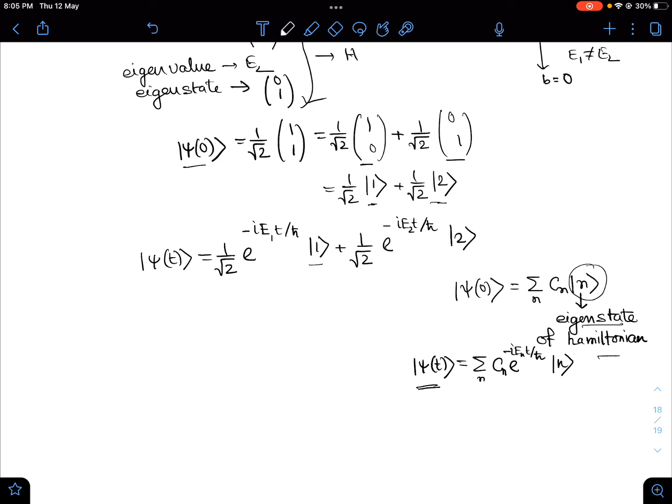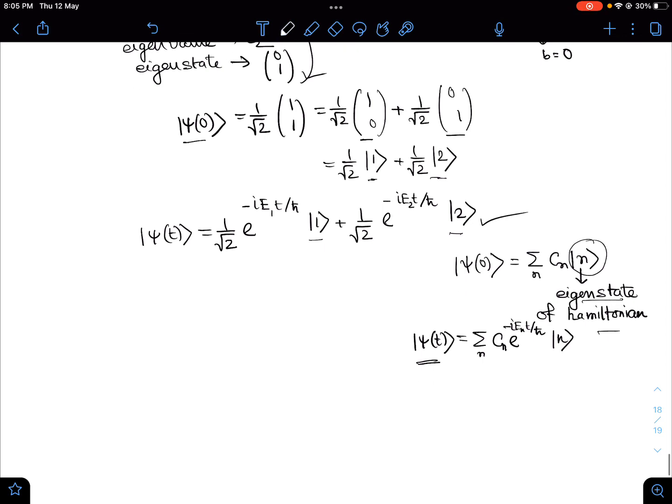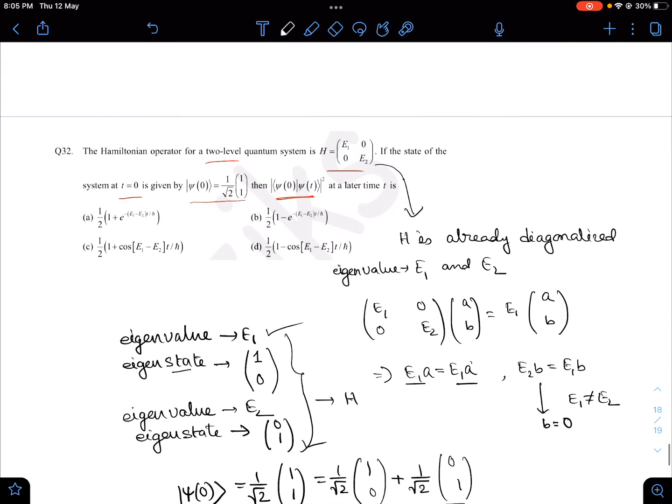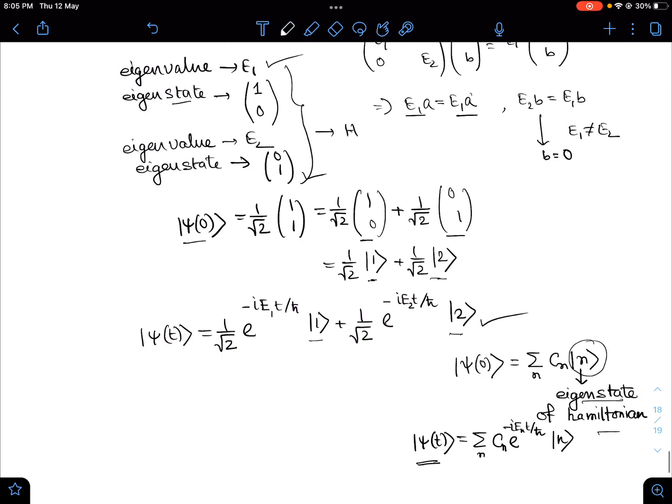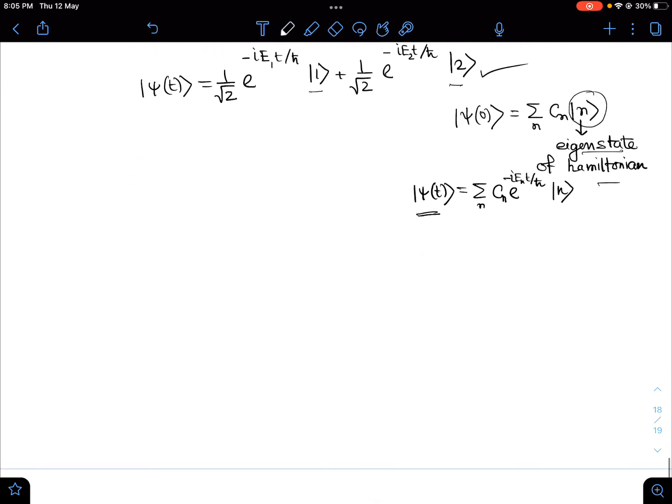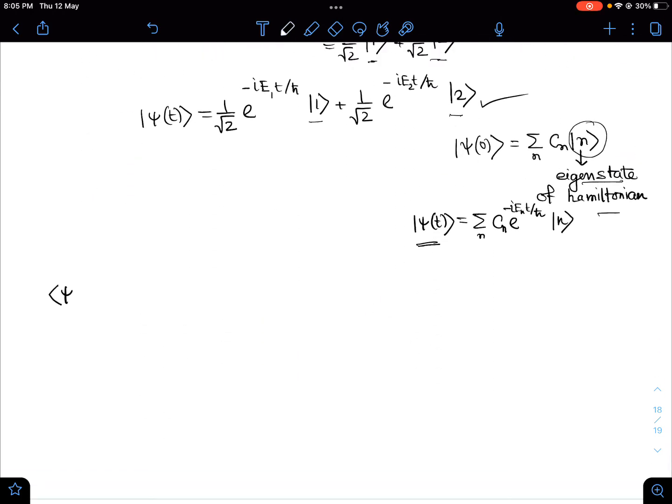Now since |1> and |2> are eigenstates of the Hamiltonian, we can write the state at any later time as this. So what do we have to calculate? We have to calculate this term. Let us evaluate <psi(0)|psi(t)>, and we have to evaluate its square.